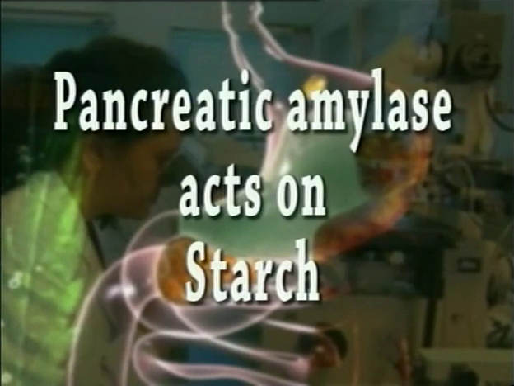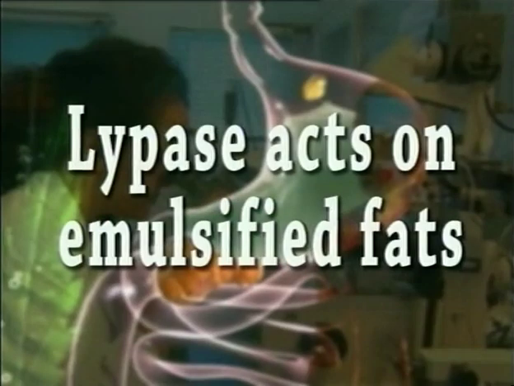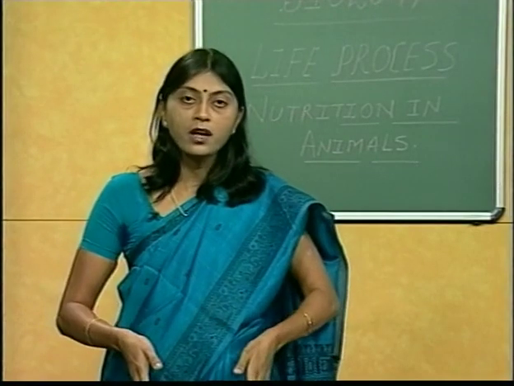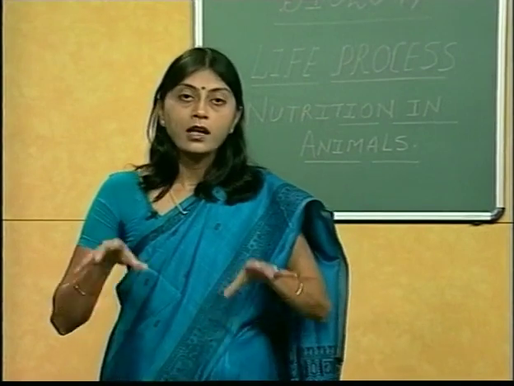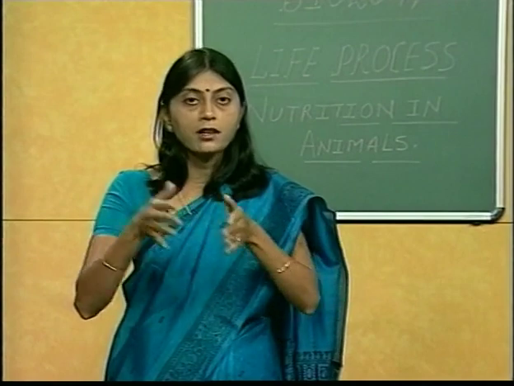Pancreatic amylase acts on starch, and next is the enzyme lipase. Lipase acts on emulsified fats. In this way the small intestine receives the secretions from the liver and the pancreas.